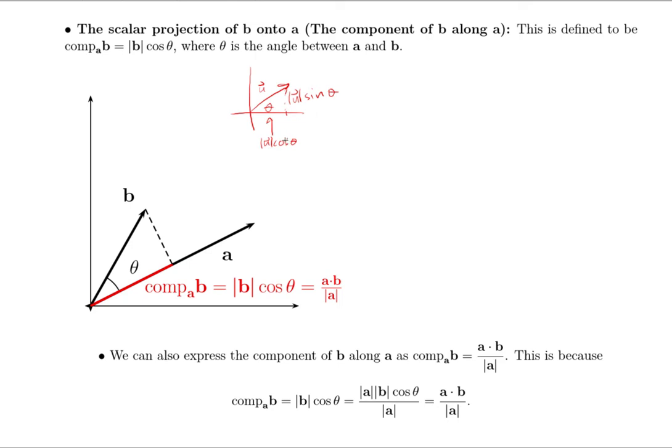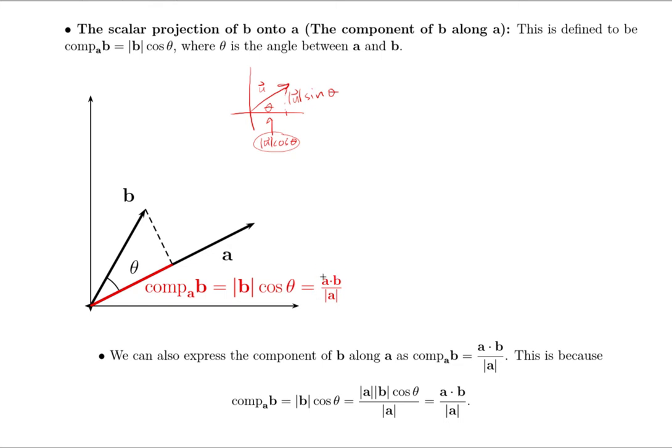So the idea was the angle between the x-axis and the vector times the cosine or sine gives you the x and y. So now if we know the angle between these, it's the exact same formula. So you take the magnitude of b times the cosine of that angle, and that's going to give you the component of b along a. Just like you can see in the picture, this is the component of u along the x-axis.